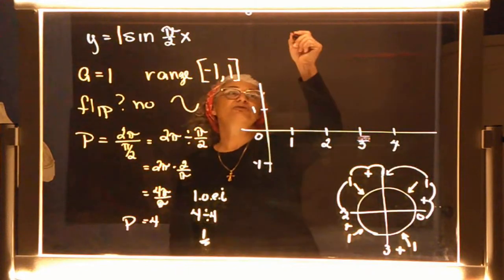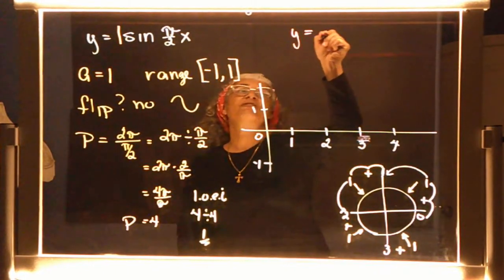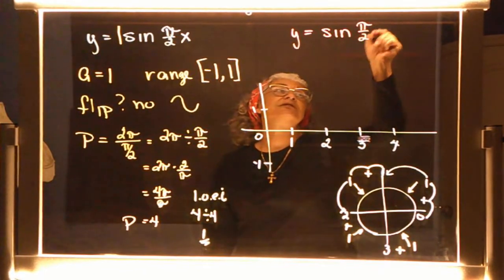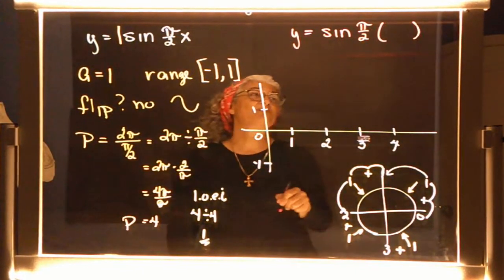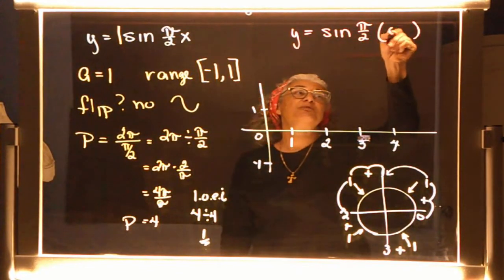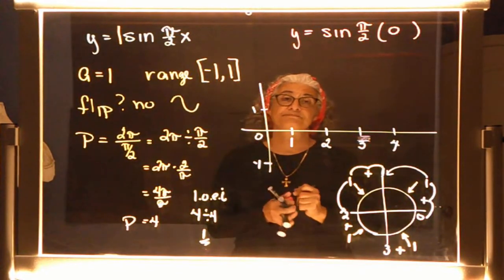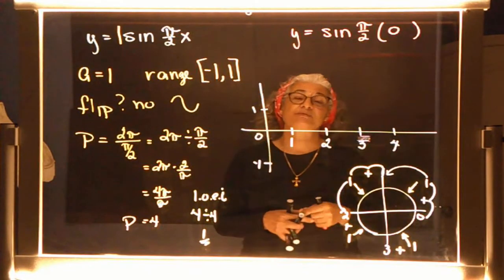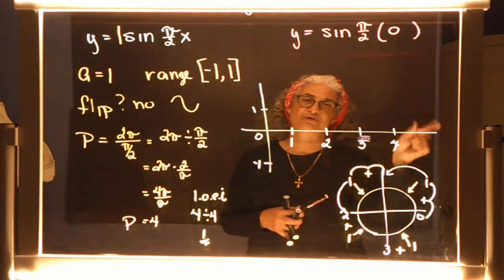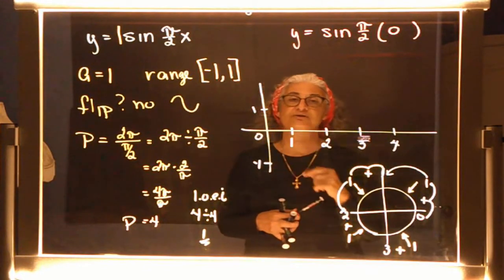Now, mind you, some of you might benefit from writing down, just like we did the last problem, writing down by plugging these numbers in. So the first number you plug in is 0, isn't it? Well, what's pi over 2 times 0? Yeah, 0. And now I'm taking the sine at 0 radians, which is how much?